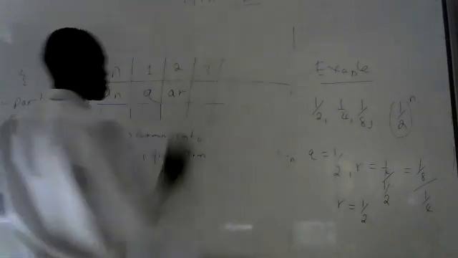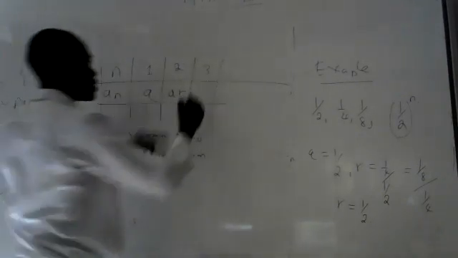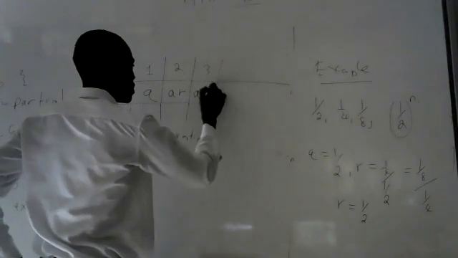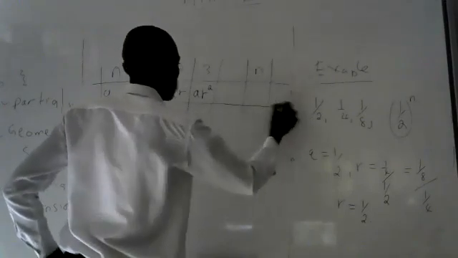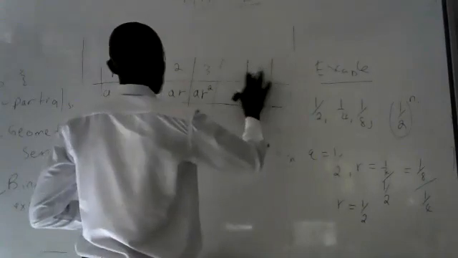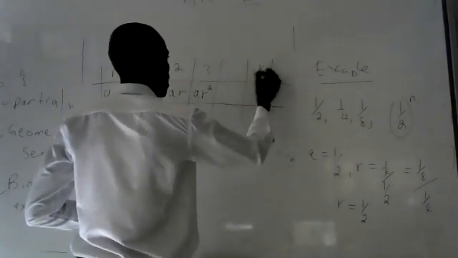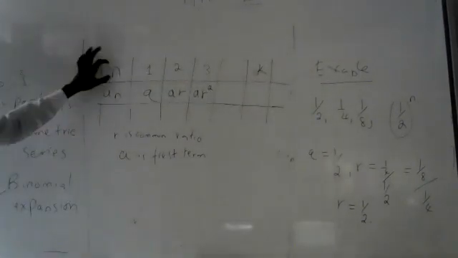How about 3? Multiply AR by R, and this should be AR squared. Can someone guess what will happen at n? Instead of n, let me put k to avoid confusion with this.